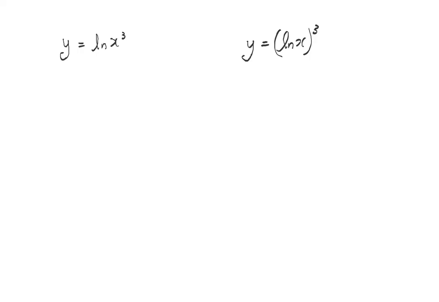So there is a difference between these two. Understand? This is the x that is cubed. This is the ln x, the whole thing cubed.